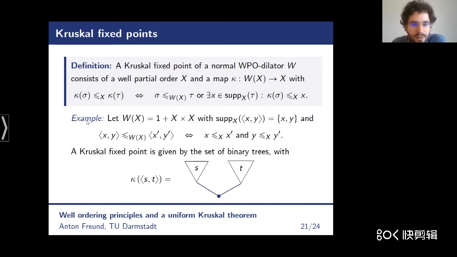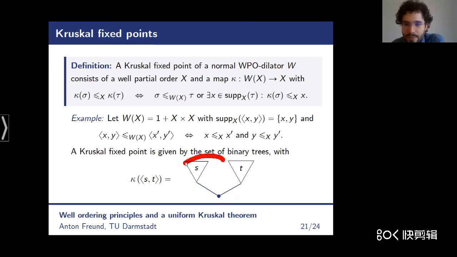So on the left side, you have a value of kappa, so something like this. And the question is whether this is bounded or, in other words, can be embedded into some other tree of this form here. And the right side should tell you when this is the case. And indeed, there are two possibilities.